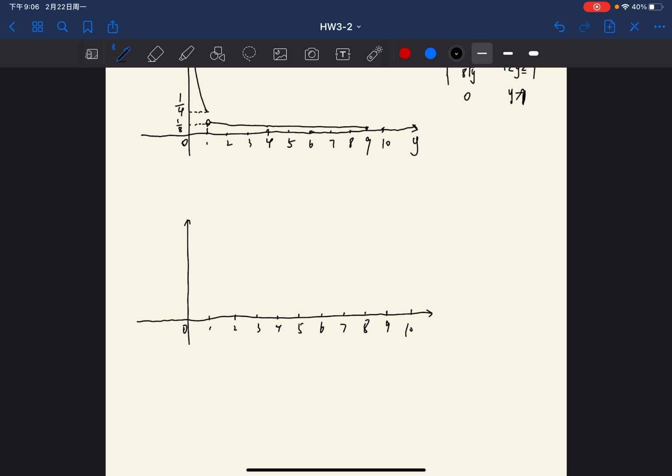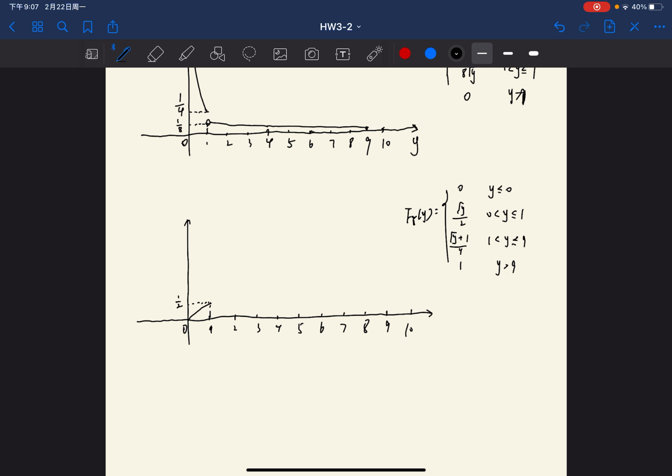And when y is between 1 and 9, it is equal to y to the power of 1 divided by 2 plus 1 divided by 4, and when y is bigger than 9 it is 1. So it is obvious that this figure should be divided into two parts, and when y is equal to 1, the distribution function should be equal to 1 divided by 2.